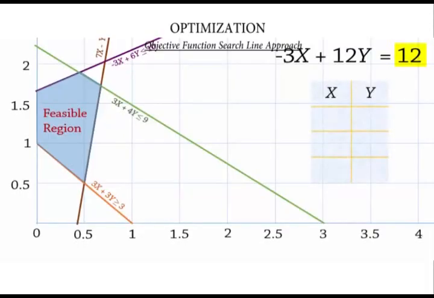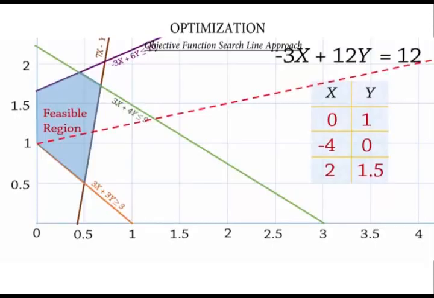We draw that line. When x is 0, y will be 1, and when y is 0, x will be negative 4. Because of this negative 4, which is not in my graph, let's have one more point. When x is 2, y will be 1.5. Using these 2 points, the search line is this one.